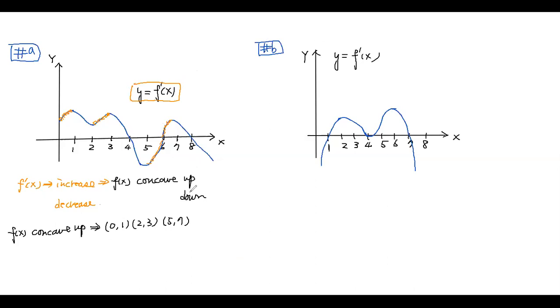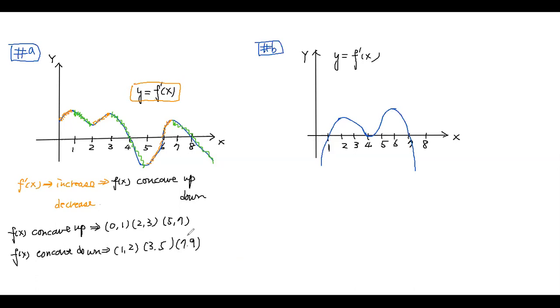Now I want to find where it is concave down. Remember, for concave down, f prime x has to be decreasing, since this is a graph of f prime. So I know this segment is decreasing, this segment is decreasing, and this segment is decreasing. So I can say f of x is concave down on 1 to 2, 3 to 5, and 7 to 9.